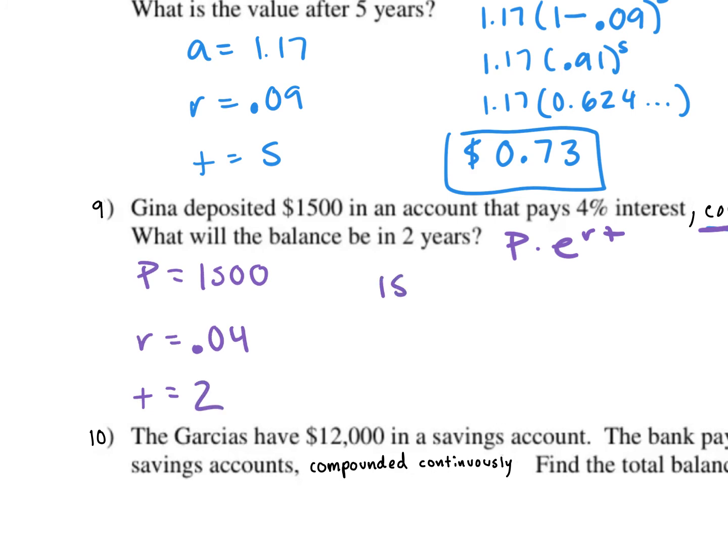We have 1,500 times e to the power of 0.04 times 2. So what do I have to do first? The parentheses. So 0.04 times 2 would be 0.08. Then what do I do next?